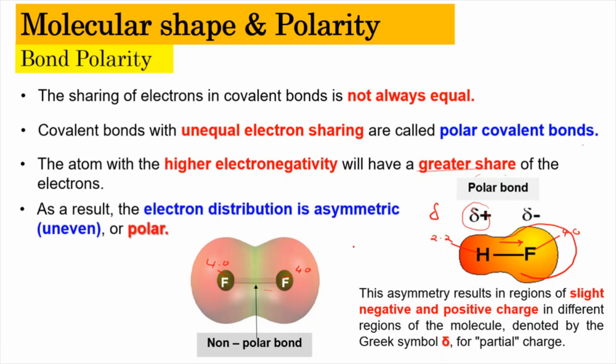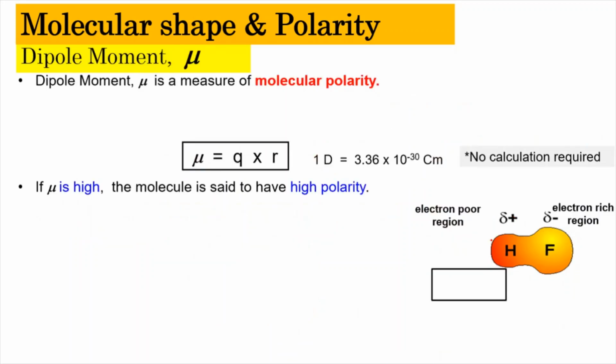And because of the unsymmetrical, ataupun tidak sama rata, electron density, we can say that the bond here is polar, and overall they have a polar molecule for the HF molecule here.